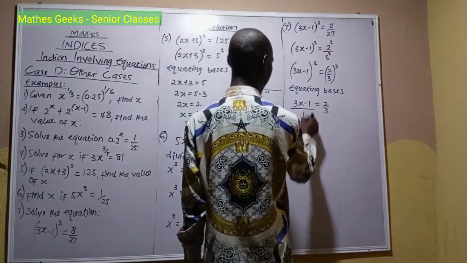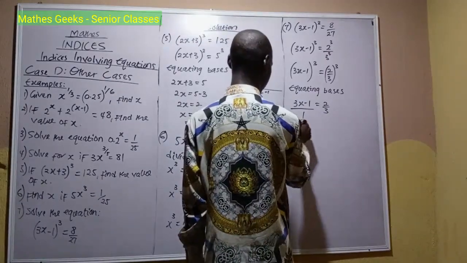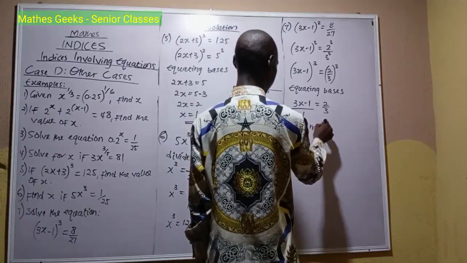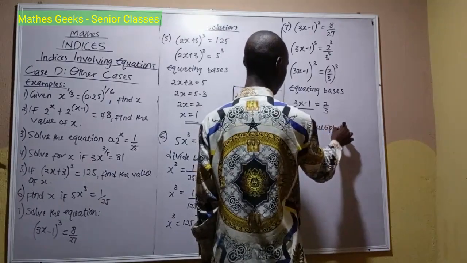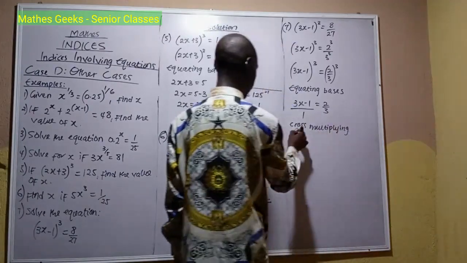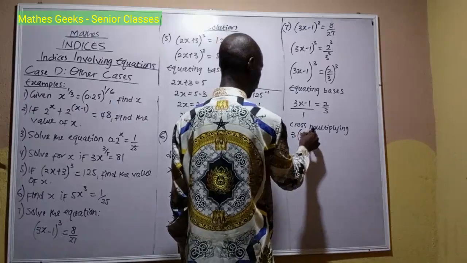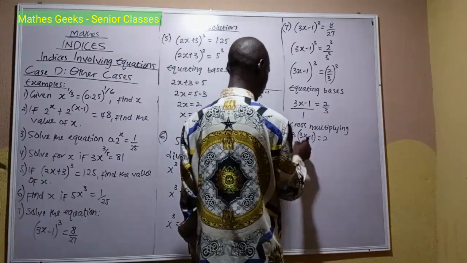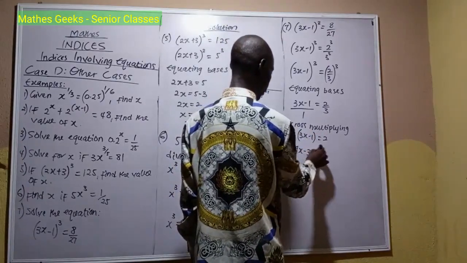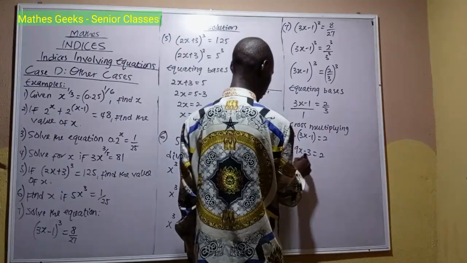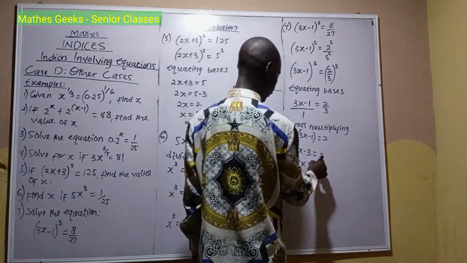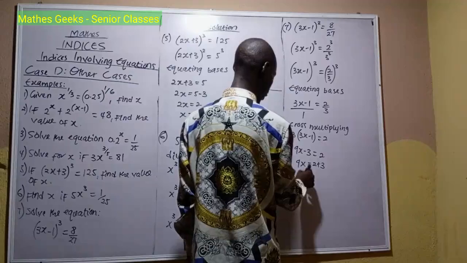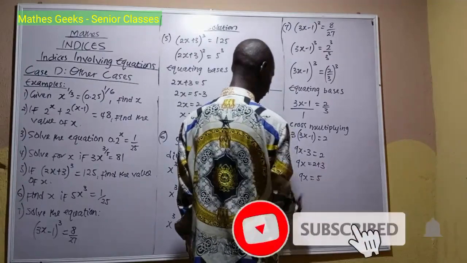So make it over 1, then cross multiply. Cross multiplying, this equals 3 times 3x minus 1 equal to 2. 9x minus 3 is equal to 2. 9x equal to 2 plus 3. 9x equal to 5.